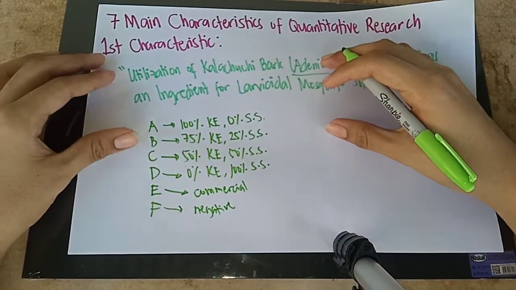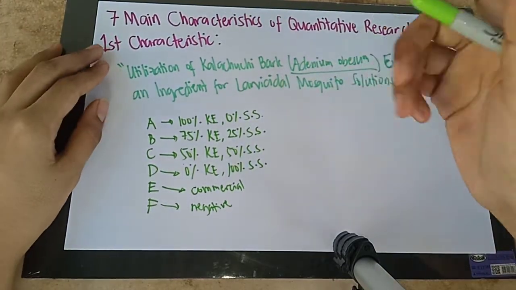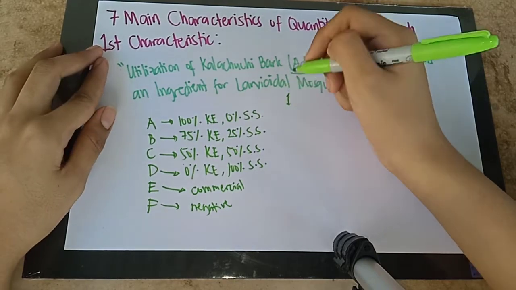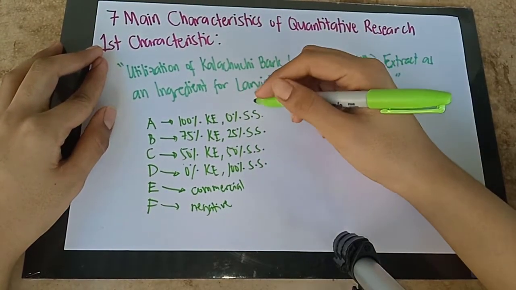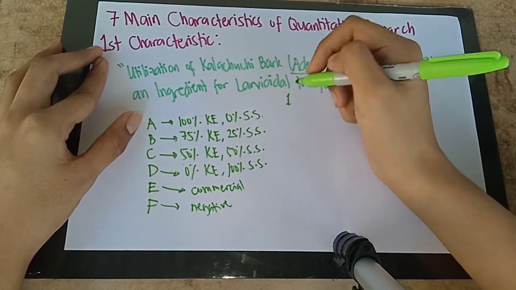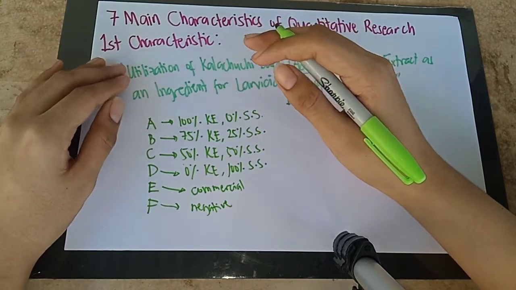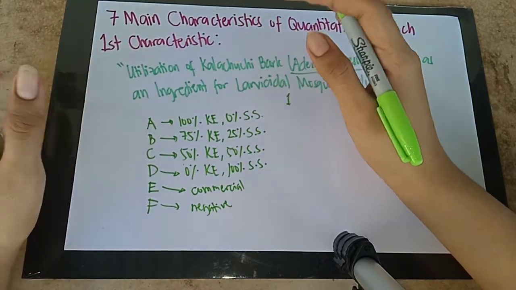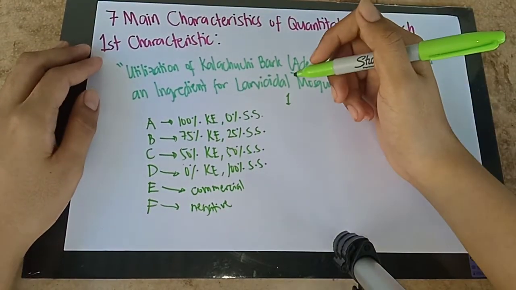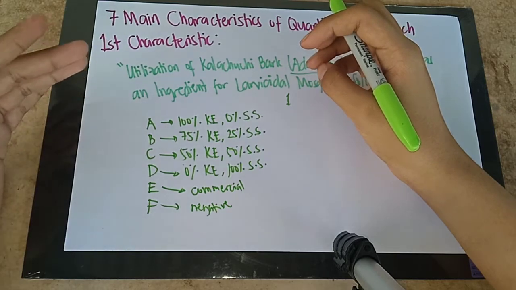Okay? So, let's say we have these setups, and it only has one trial. Setup A in trial 1 gave out a mortality rate of the larvae. When we say mortality rate, it is the rate at which the experimental unit dies.